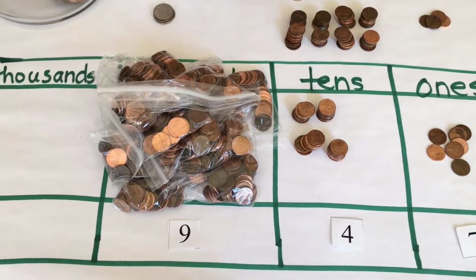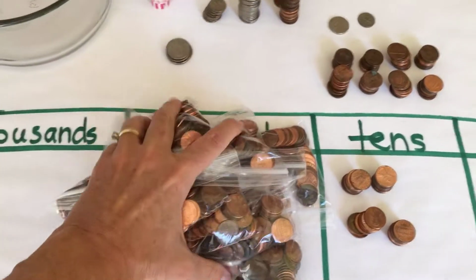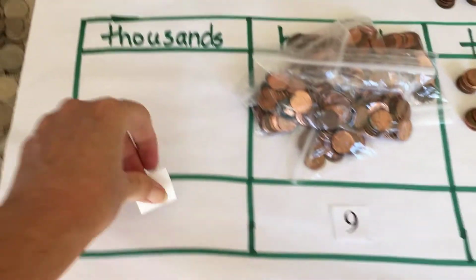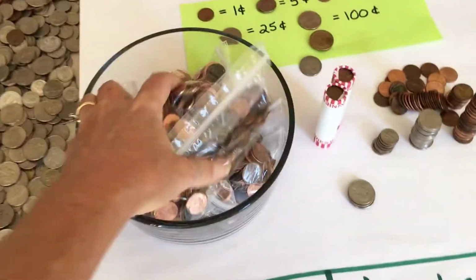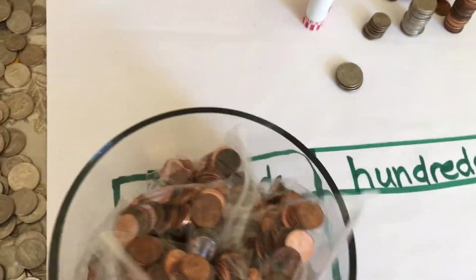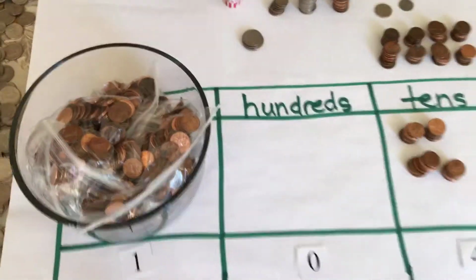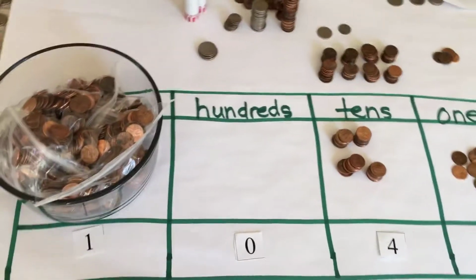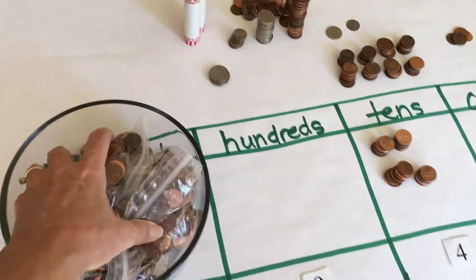Well, this next 100 is going to take us over the top. So now I have 1,000, so I have to put a 1 over here because I have 1,000 pennies and I have 0 hundreds now. That's 1,047 pennies.